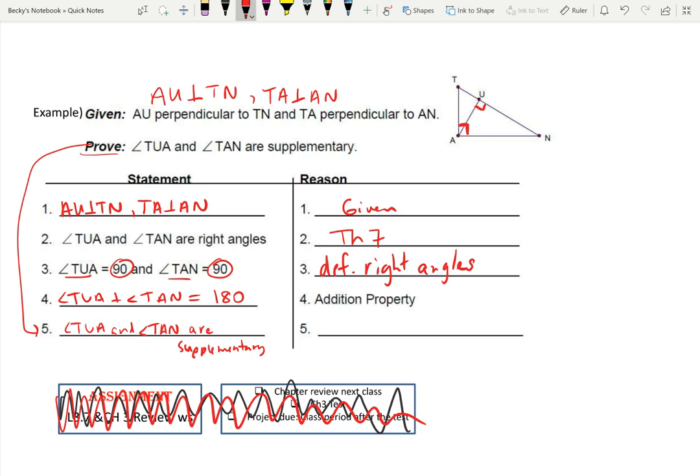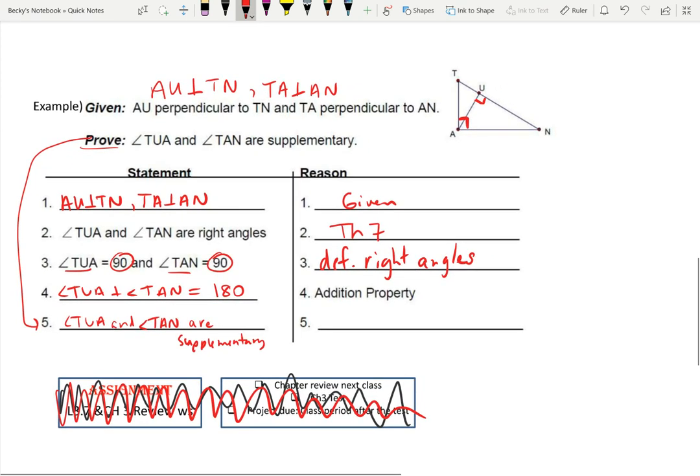Now, before you get confused, remember, don't overthink this. If I had TUA equals 90, and then I said TUA plus 5 equals 90 plus 5, you would have no problem saying that was the addition property because you added the same thing on the left and right.